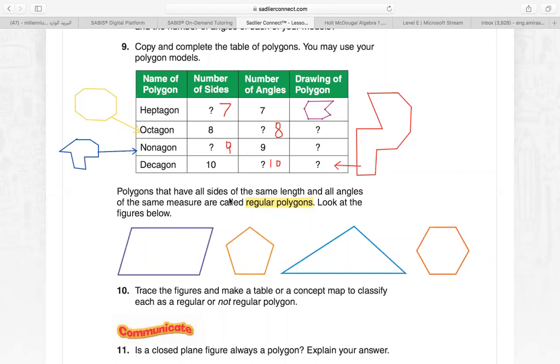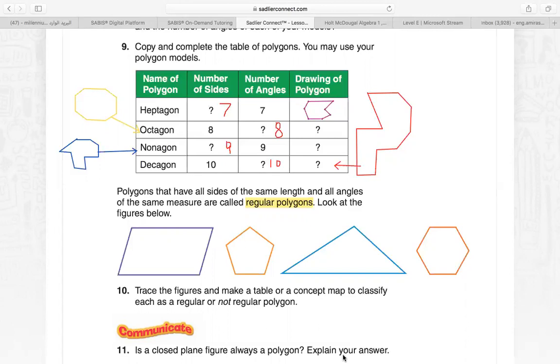Okay? Let's move down. Polygons that have all sides of the same length and all angles of the same measure are called regular polygons. So, if I have a shape that all its sides have the same length and all the angles have the same measure, this shape is called regular polygon.